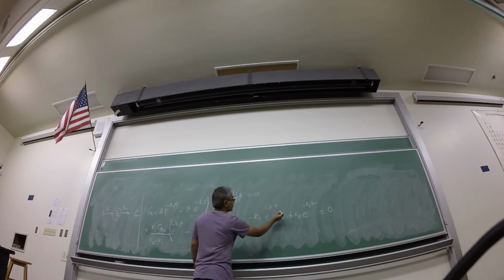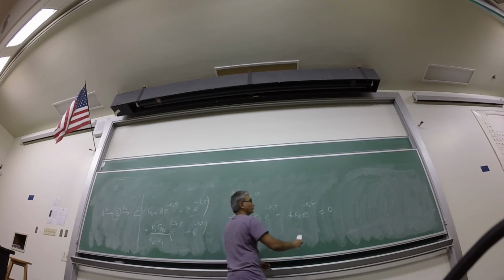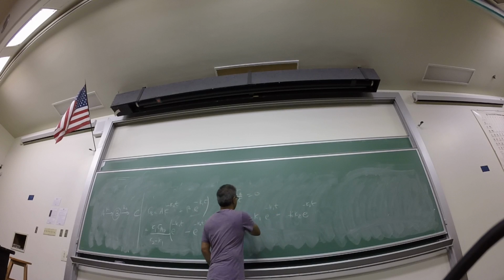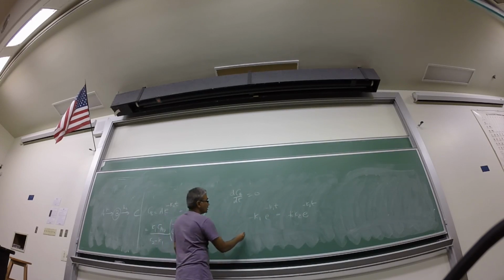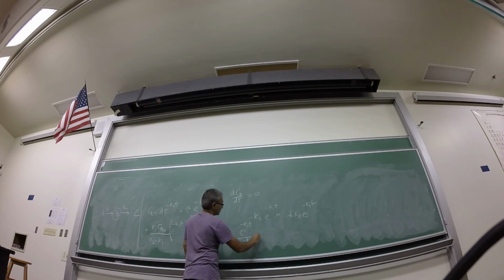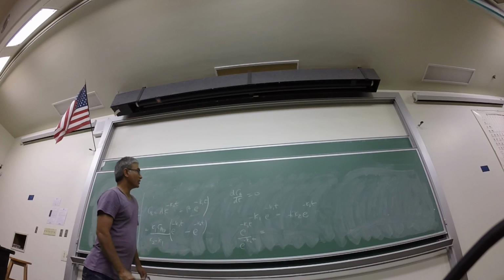I can remove this minus and put it equal here. And therefore you get e to the power minus k1t divided by e to the power minus k2t equals k2 over k1.